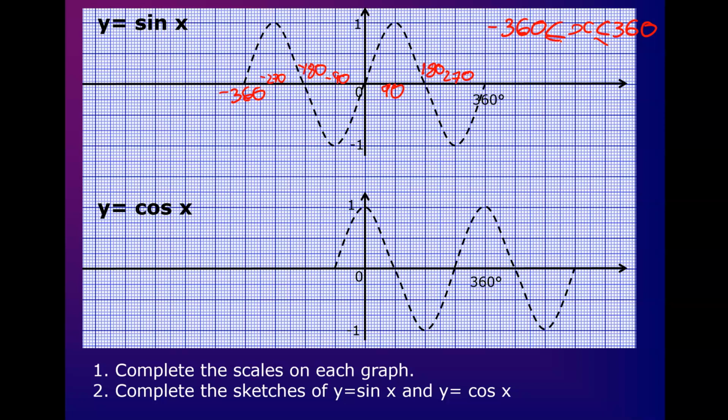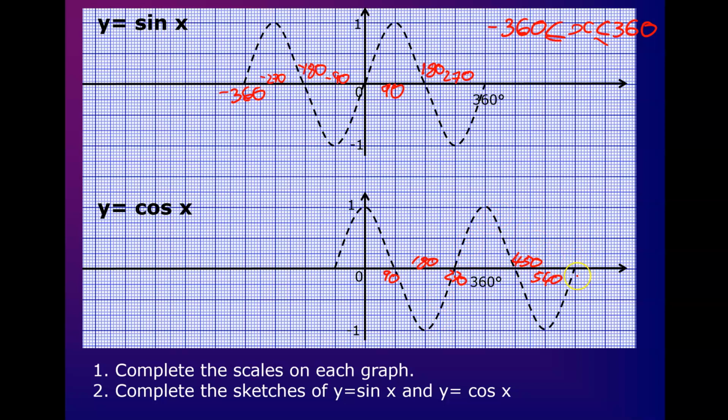Now here we've got the cosine, sorry, half asleep, so that's 360, so half there is 180, that must be 90, that's 270. Right, so 360 plus 90, that must be 450. This is 540.